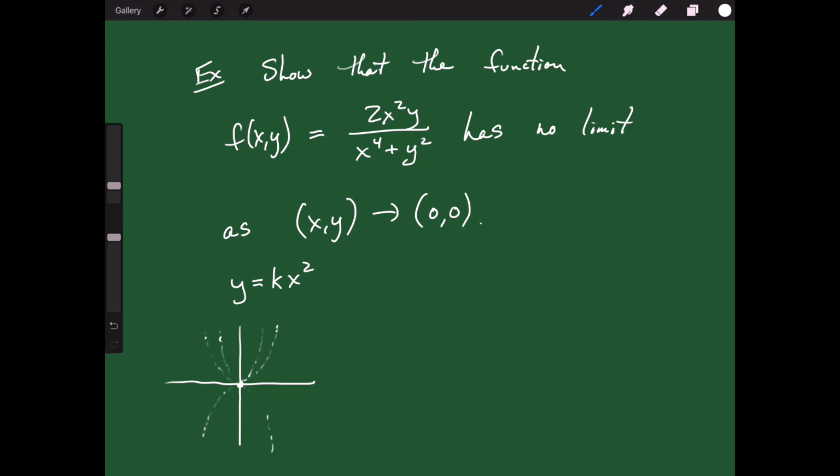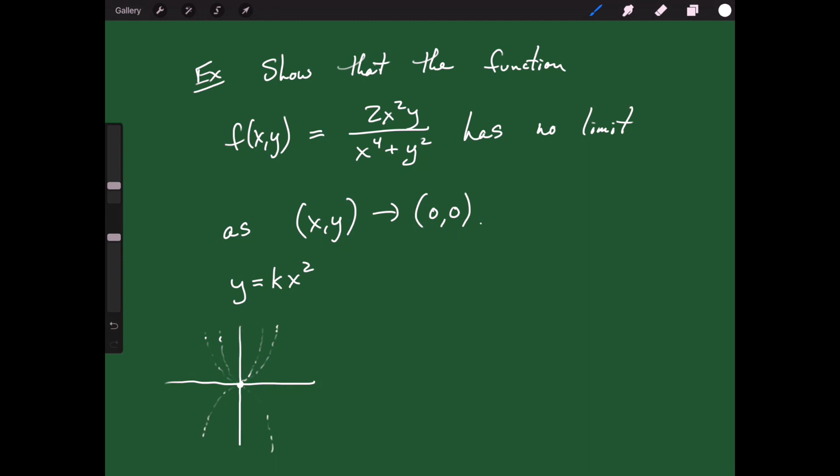So it just depends on what I choose for k. In essence, I'm doing a lot of paths at the same time, walking along all these various parabolic paths. And you might ask, well, why did you pick a parabola and not a line? Just because the parabola is going to make things simplify better. You could use a line, but if it doesn't simplify, the line may not help you very much.